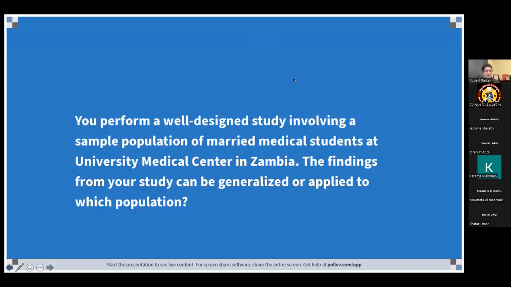All right. So next question, you perform a well-designed study involving a sample population of married medical students at University Medical Center in Zambia. The findings from your study can be generalized or applied to which population?